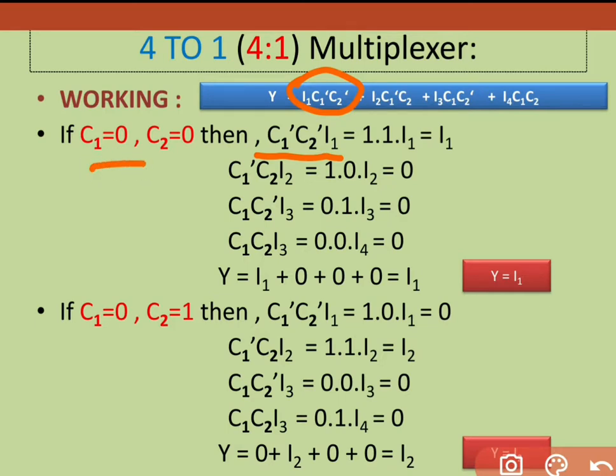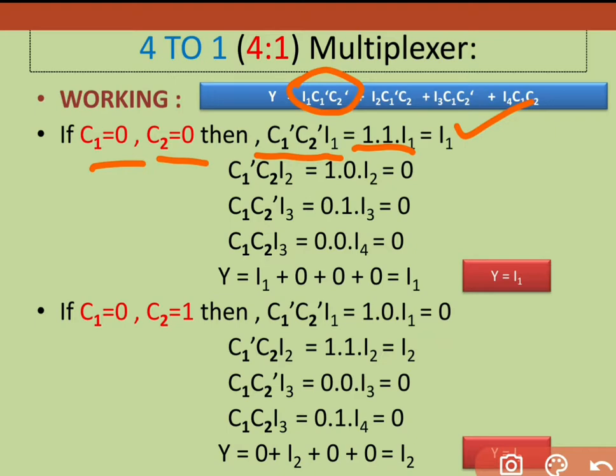When we have 0 0, the dash becomes 1 1, and then we get I1. 1 dot 1 dot I1 means when we multiply, you all know 1 dot 1 is 1, and 1 multiplied with anything gives that value only.